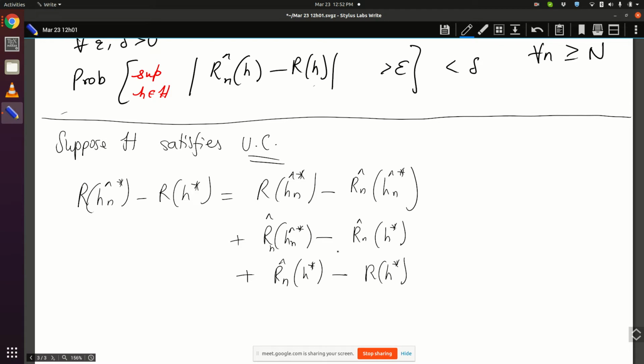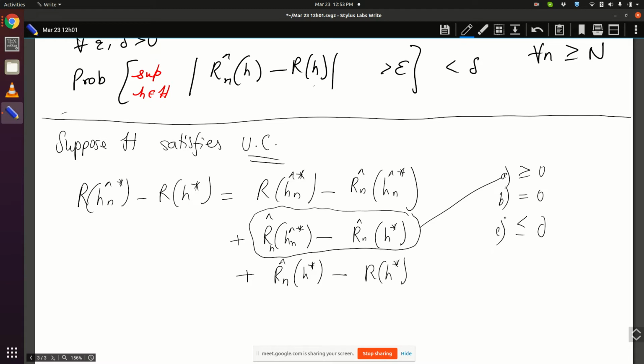Now my claim is, what can you say about this quantity? Is it greater than 0, equal to 0, or less than or equal to 0? You have three choices, A, B and C. In the chat, can you say which of the three is true?